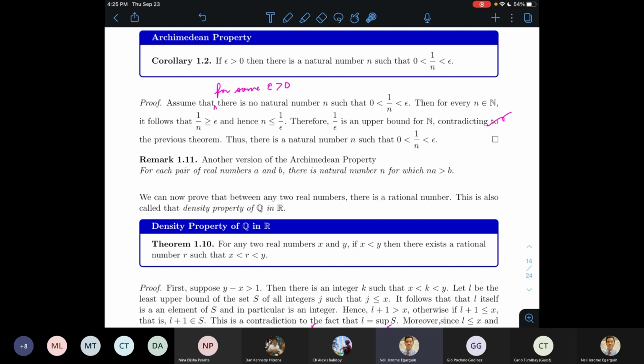So dun sa specific epsilon na napili ko dito sa assumption na to, kahit anong n pa yung piliin ko, laging mas malaki yung 1 over n kaysa kay epsilon. Okay? And then I can multiply both sides by n and divide both sides by epsilon. Anyway, n and epsilon are both positive real numbers. I will get this inequality in return, that n is less than or equal to 1 over epsilon.